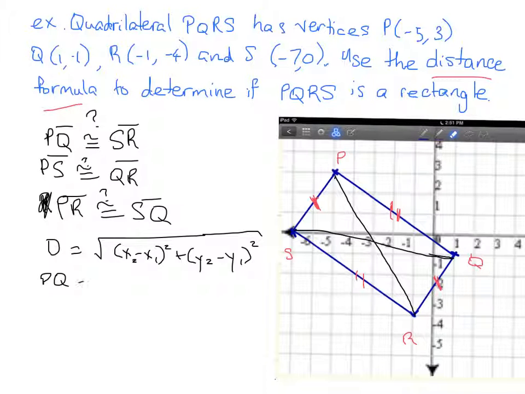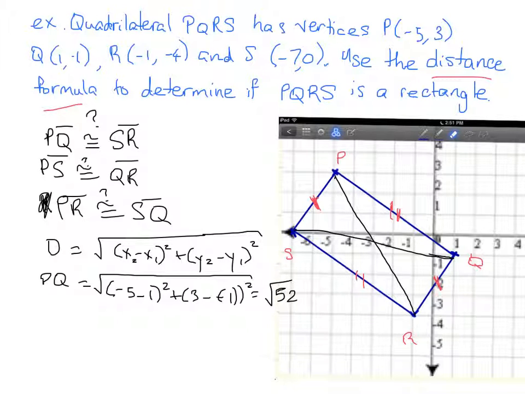All right, so in order to find the distance of PQ, we would just plug directly into that formula. And I'm assuming that you already know how to use the formula, so I'm not going to be very explicit. I'm just going to plug in here, negative 5 minus 1 squared plus 3 minus negative 1 squared. And when you work that out, you should get the square root of 52. Do the same thing for SR and see if you get the same answer.